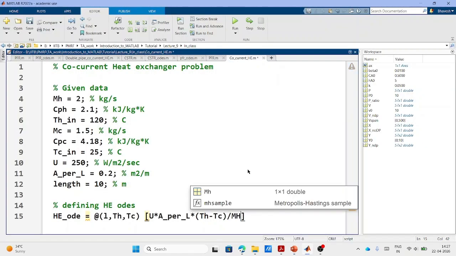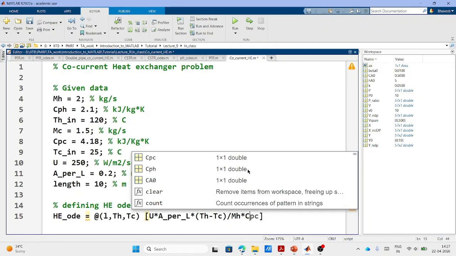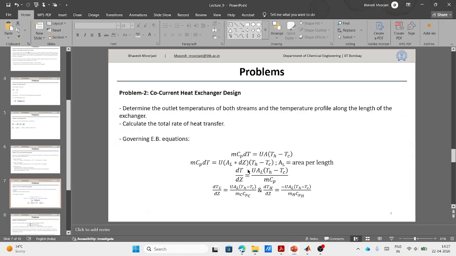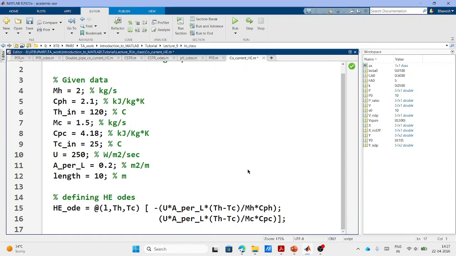Then I can write MH into CPH, correct? This entire term will be negative. Then you have a similar term, but here you will have MC, CPC, and obviously it's a positive equation.